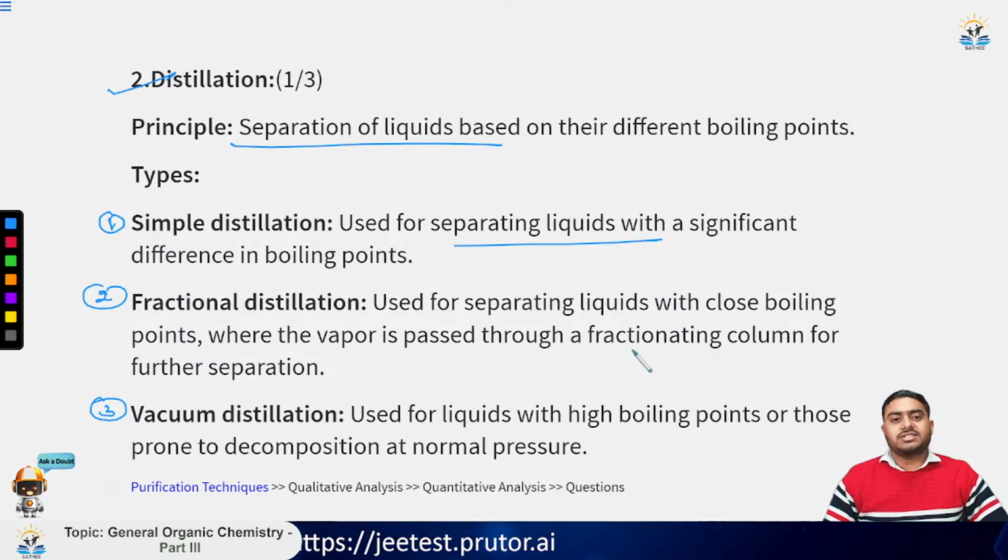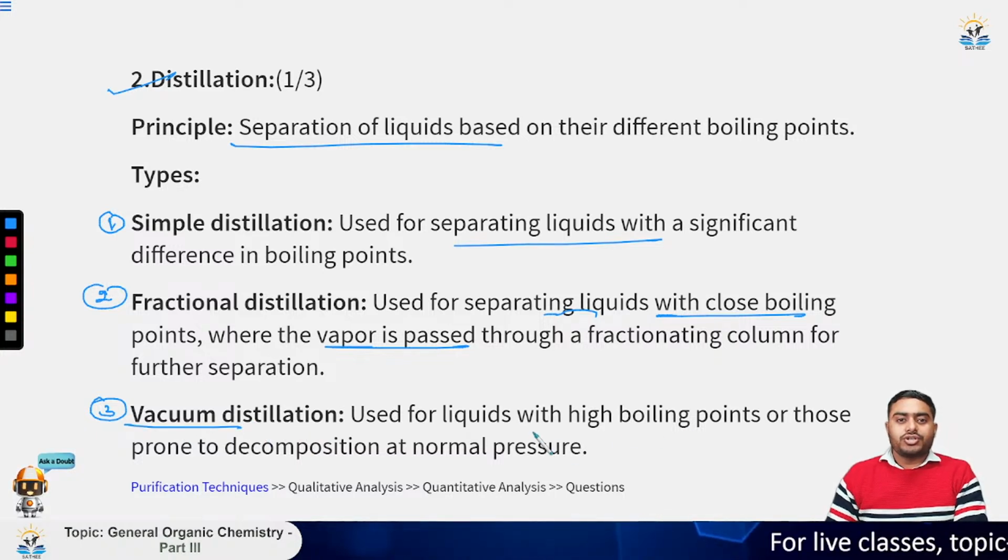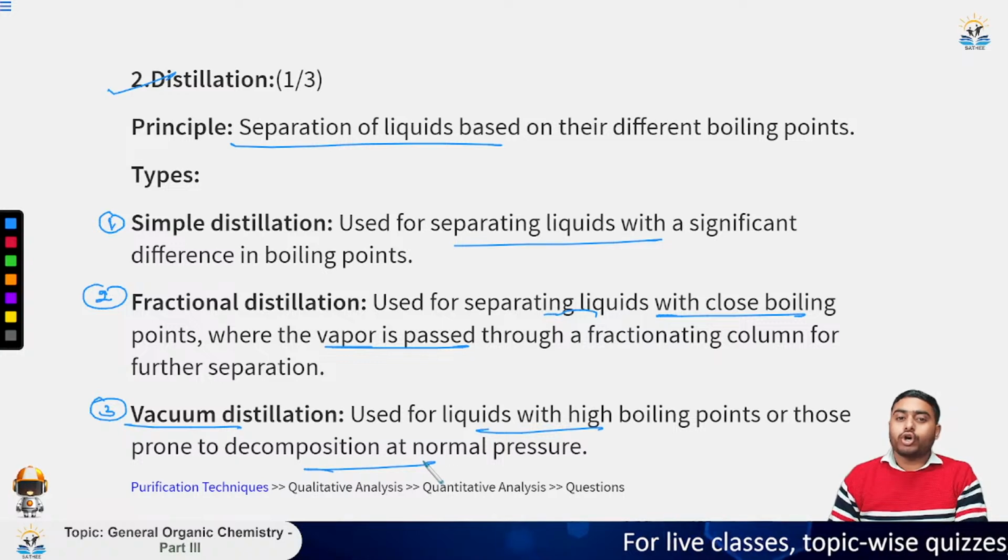Fractional distillation is used when the liquids have close boiling points, when the vapor is passed through a fractionating column for further separation. And vacuum distillation, definitely the word vacuum is there, is used for liquids with high boiling points or those prone to decomposition at normal pressure.